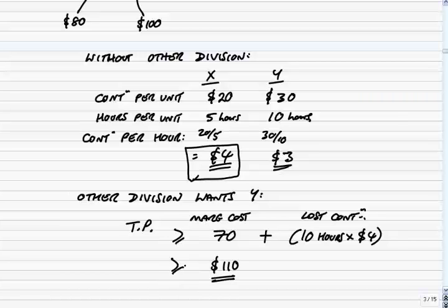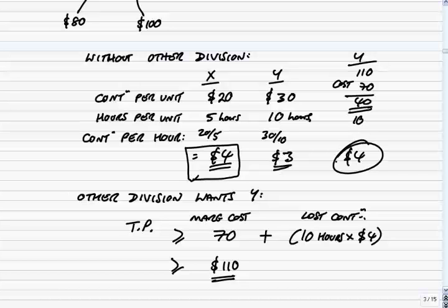But we are prepared to sell Y to the other division, provided they pay at least 110. If they won't, we're better off selling X outside. And if you're at all unsure, just look. If the other division does pay 110, the costs are 70, the contribution would be 40. It takes 10 hours to make.